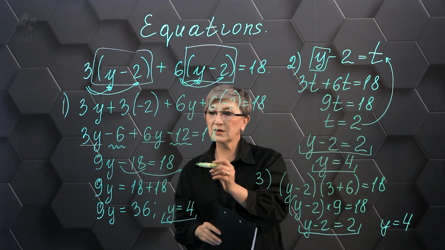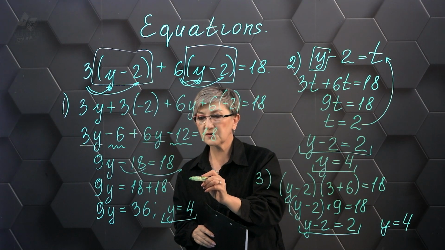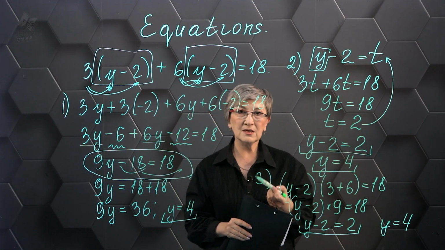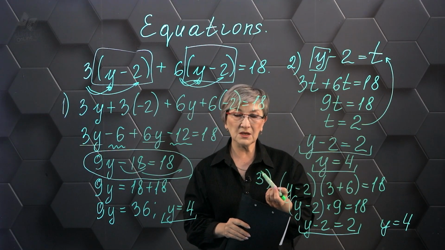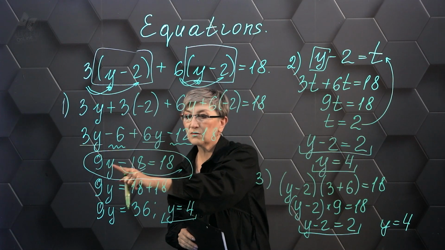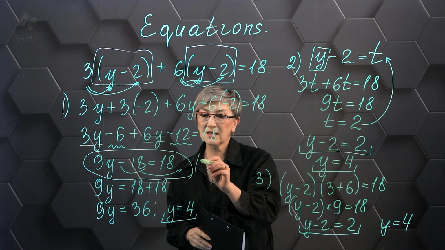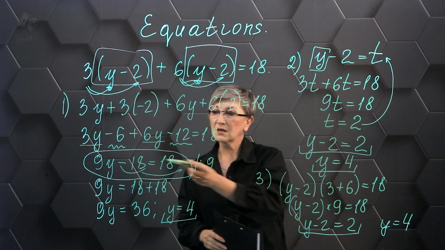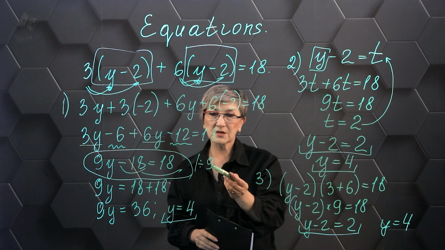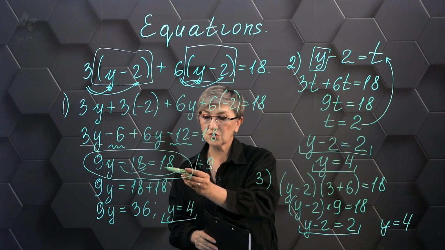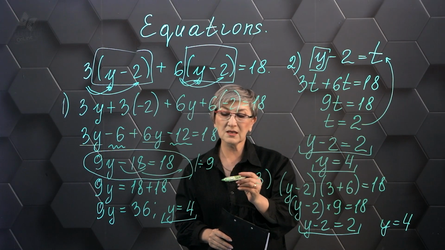And one more thing. When solving the equation, I want to draw your attention to this equation, 9y minus 18 equals 18. Using the properties of equations, we can divide the left side and the right side by the number 9. Why by the number 9? The reason is that we can divide 9 by 9, 18 we can divide by 9, and again, 18 we can also divide by 9.